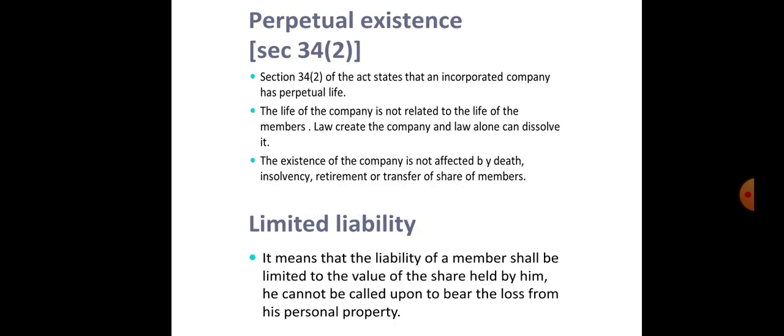And the fourth one is perpetual existence, meaning under Section 2 of the Act, it states that an incorporated company has perpetual life. That means the life of the company is not related to the life of the members.